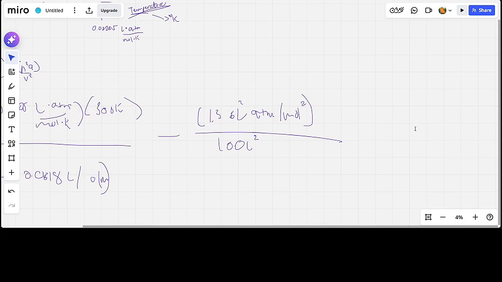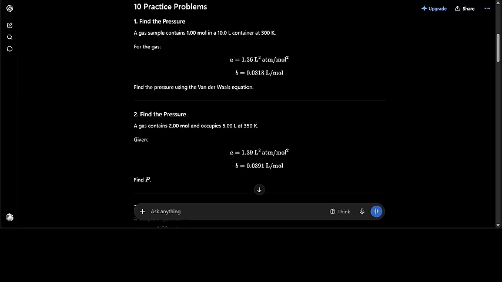And the answer is going to be about 1.11.